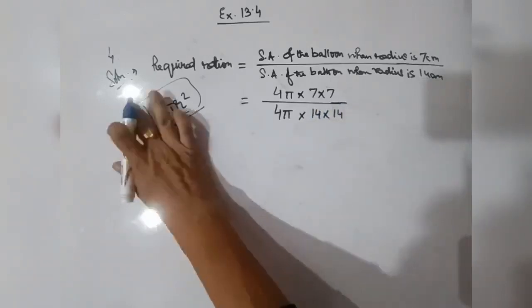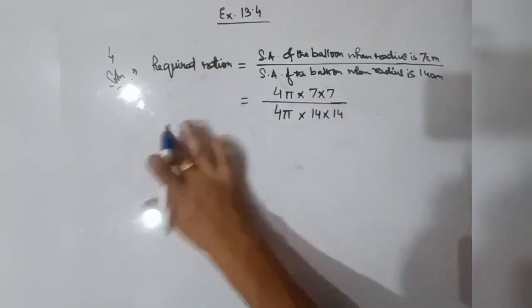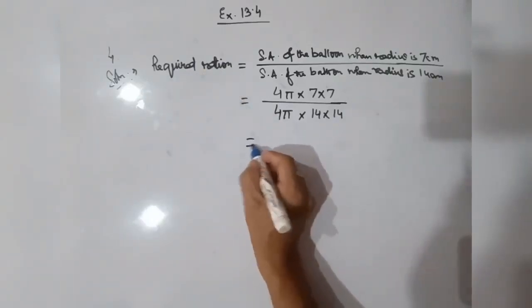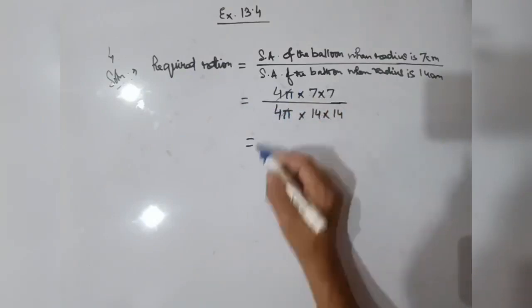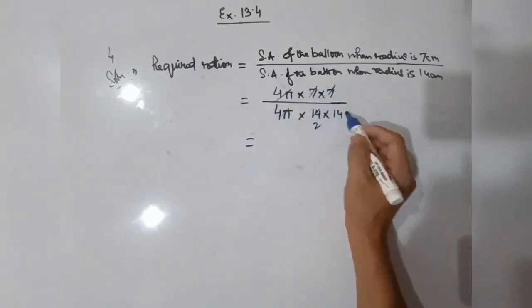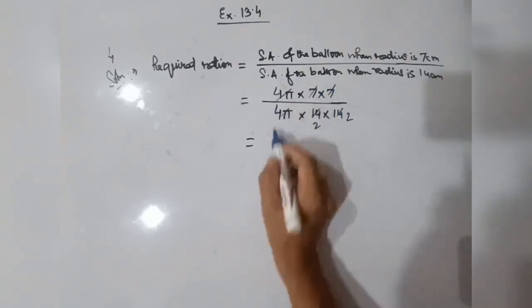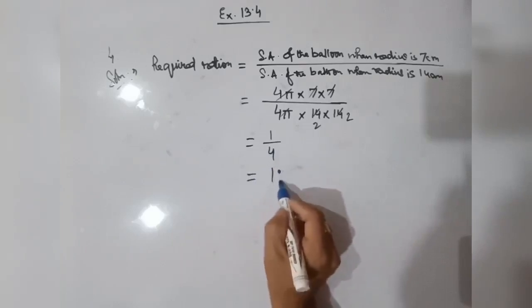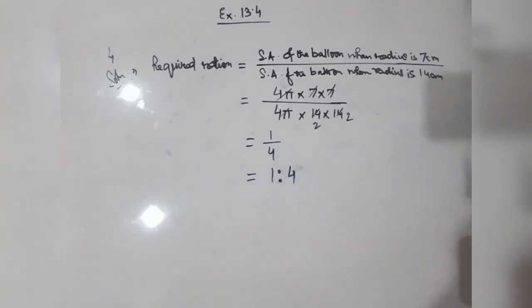Since it is a ratio, it has no unit. 4 pi will get cancelled. 7 2 times is 14 and 7 2 times is 14. So this will be 1 by 4, which is equal to 1:4. So the required ratio is 1:4.